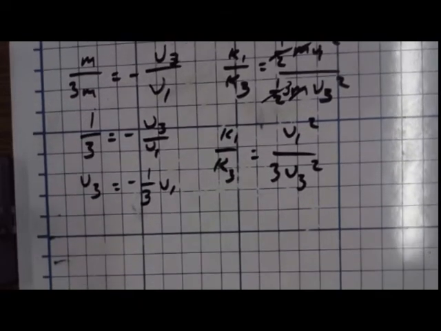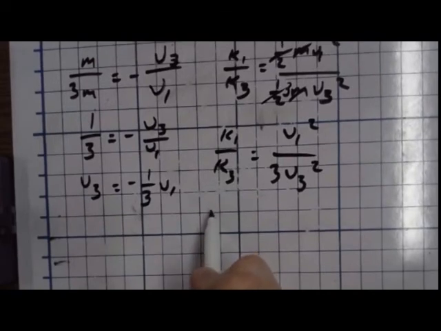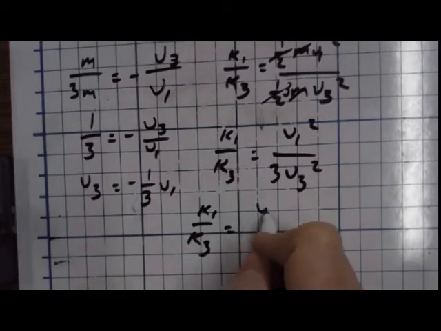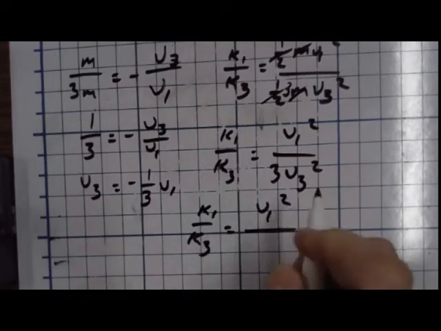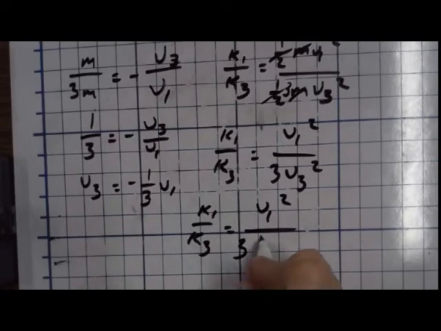There's this 1/3 here. So that's going to give me, eliminating a variable, K1 over K3 is V1 squared over 3 times negative V1 over 3 squared.